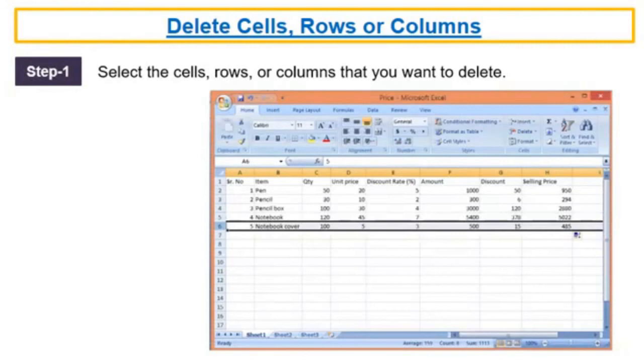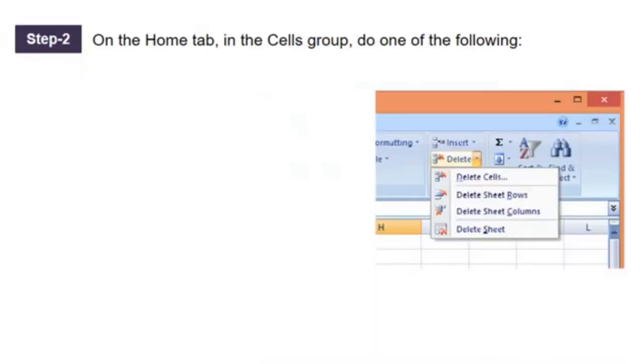Let's see how to delete cells, rows or columns. Step 1. Select the cells, rows or columns that you want to delete. Step 2. On the Home tab in the Cells group, do one of the following.